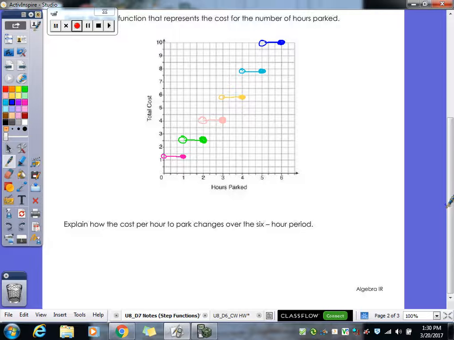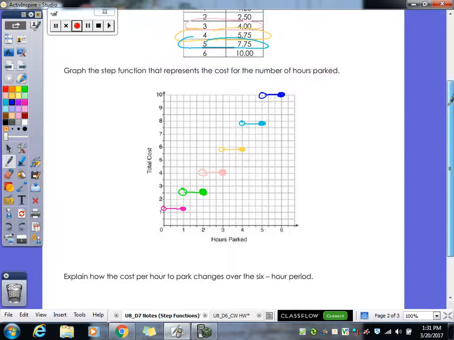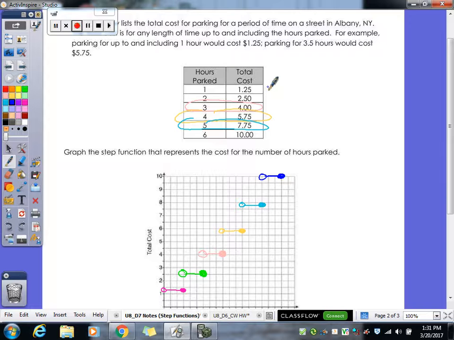All right, explain how the cost per hour to park changes over the 6-hour period. Do you see how the spaces are getting bigger? What does that mean? The spaces between these are getting bigger. You see how they're not the same? The price per hour is going up, right? And if we look over here, $1.25 to $2.50.